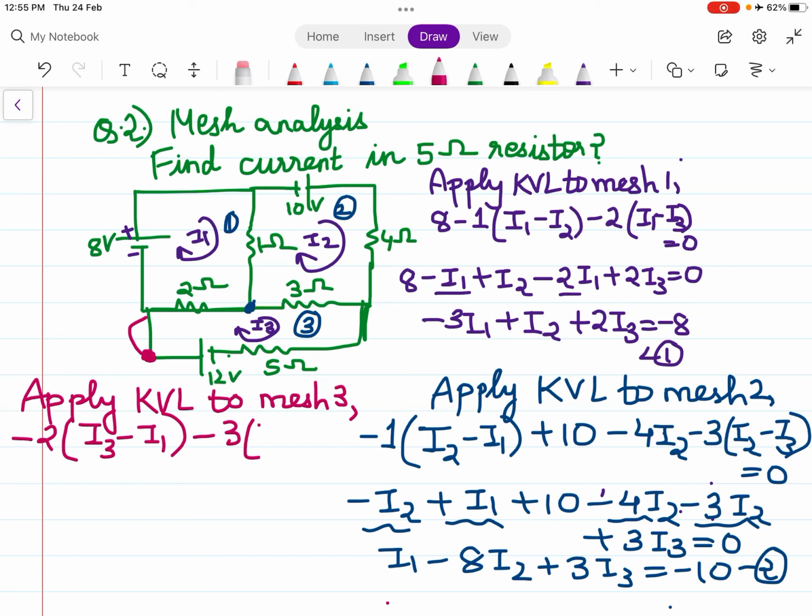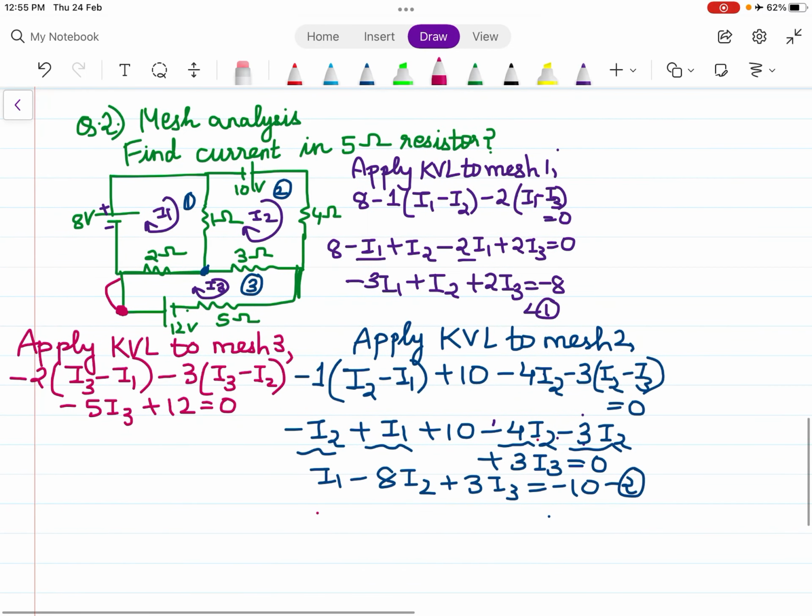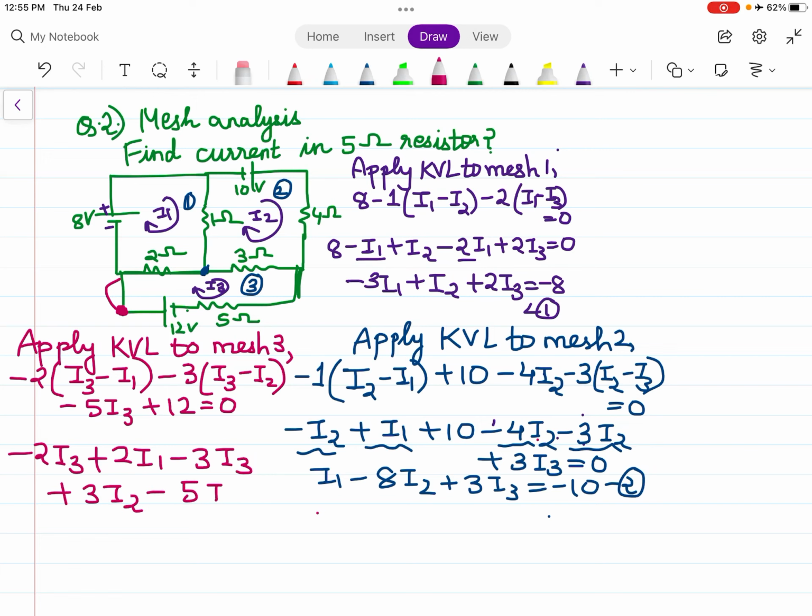Minus 3 I3 minus I2 minus 5 I3 plus 12 equal to 0. So this is minus 2 I3 plus 2 I1 minus 3 I3 plus 3 I2 minus 5 I3 plus 12 equal to 0.